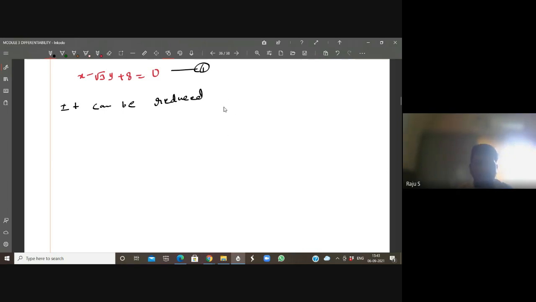Okay. It can be reduced like x minus root 3y is equal to minus 8. Plus 8 take to the right side, minus 8. So now this minus you can take to the left side, minus of x. I'll do one thing here.